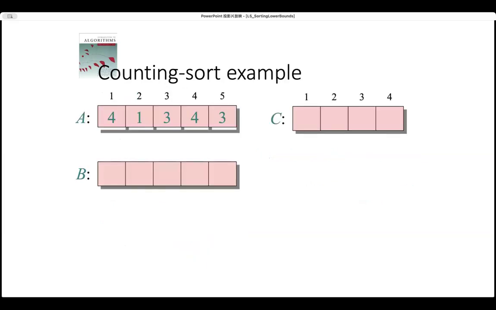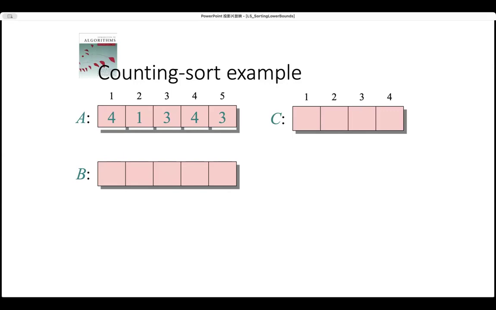So here's an example. 4, 1, 3, 4, 3. A very, very simple example, right? So we have A, we have B, we have C. Remember, B is where we put the sorted result, and C is the auxiliary array.